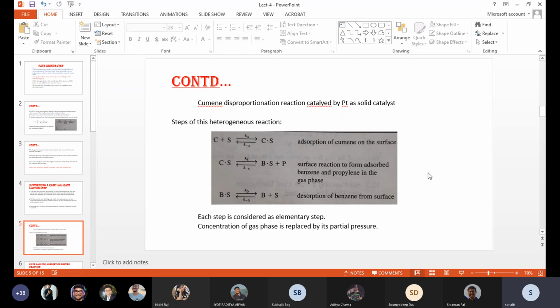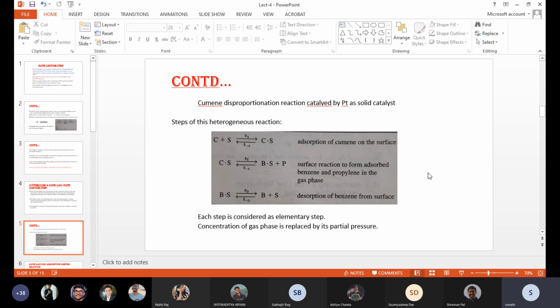And again benzene has to get free of the surface adsorbed site. So B dot S gives B plus S. Kd is the desorption forward rate constant, and K of minus D is the desorption reverse rate constant. So this way we ultimately get C to B plus P. Each step is considered as an elementary step.